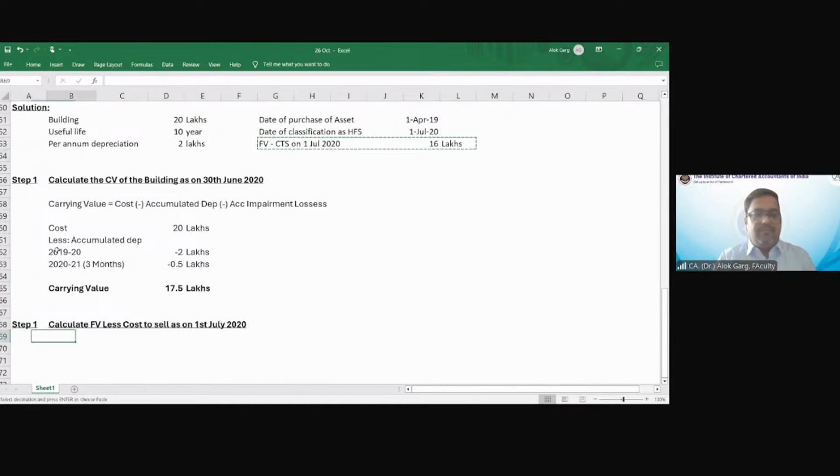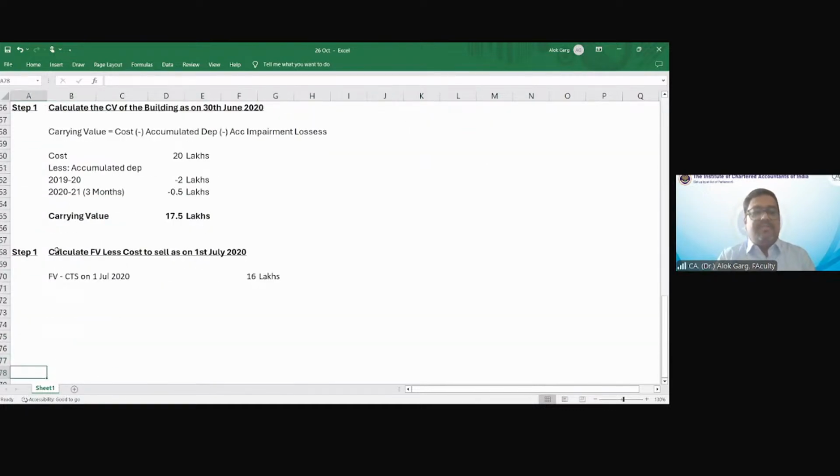What is my step number 3? Whichever is lower. Compute the lower of step number 1 and step number 2. What is my carrying value?